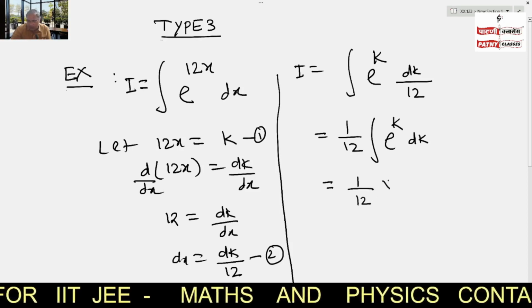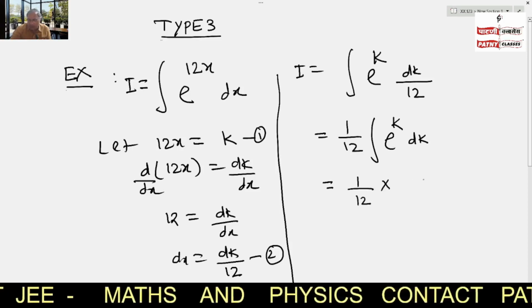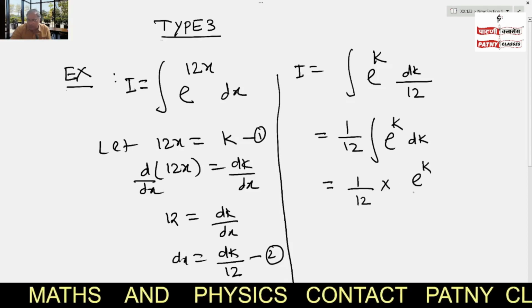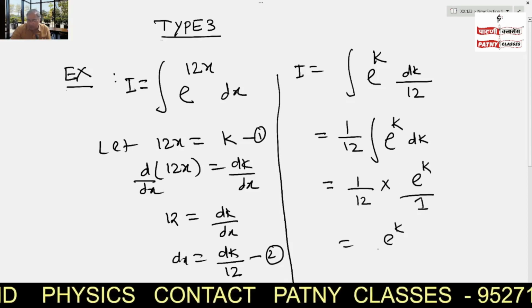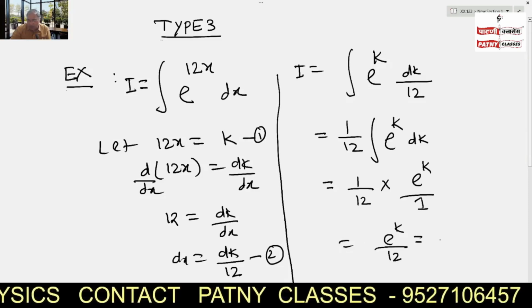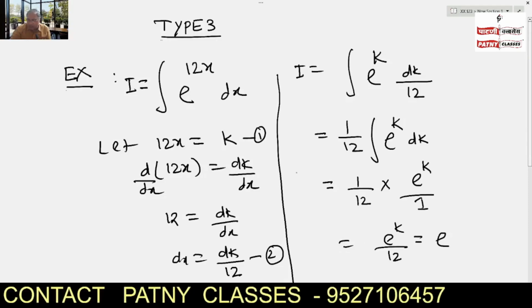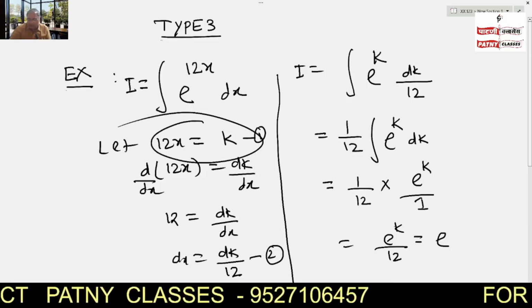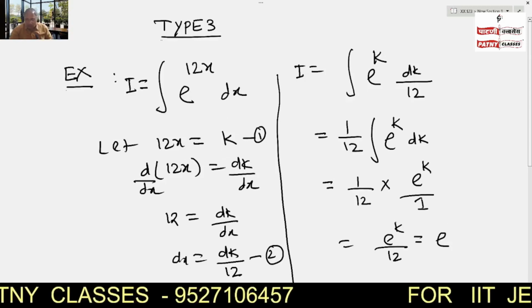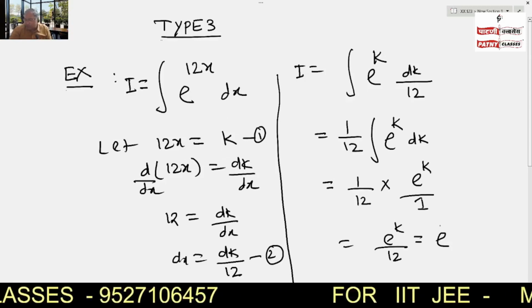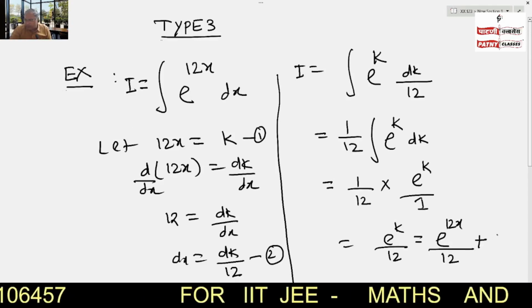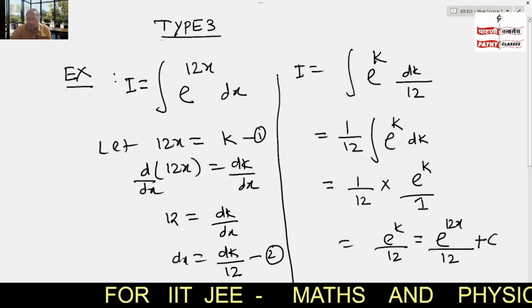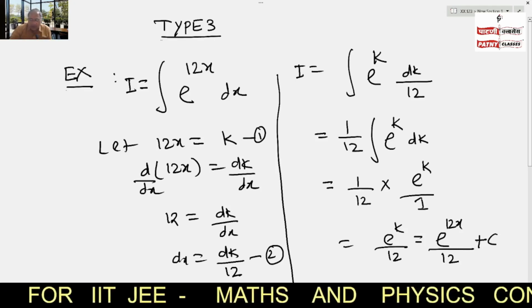Integration of e raised to k is e raised to k upon 1, and it equals e raised to k upon 12. Back substitution: k equals 12x, so I am writing here e raised to 12x upon 12 plus c. This is the answer of the given example.